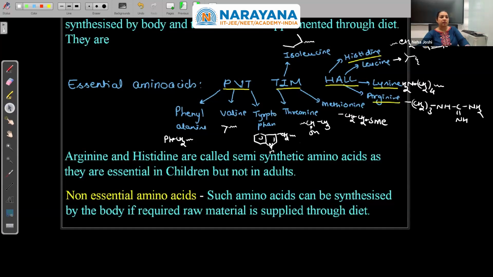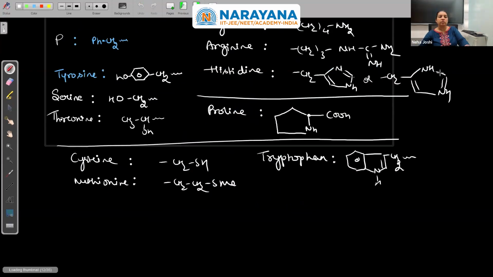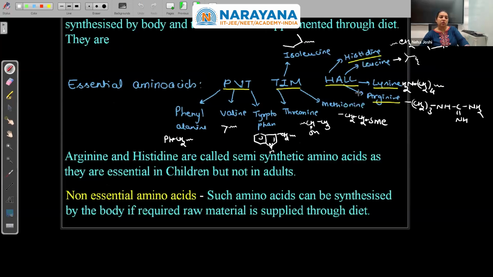And it doesn't matter practically where I place the double bond like this, because ultimately it is tautomerization possible and it can have the movement, but this is what I am placing.